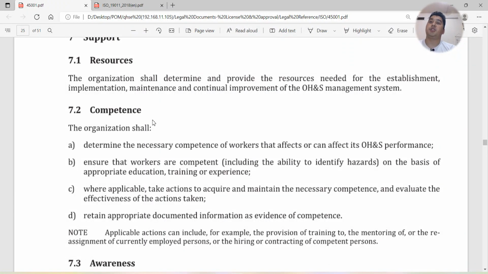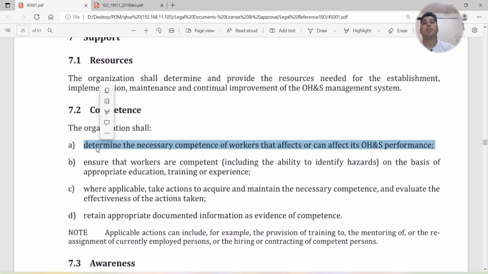So the organization shall determine the necessary competence of workers that affects or can affect its OHS performance. When you are hiring any staff for a particular kind of job, or that staff is going to work on particular machinery or equipment, you need to consider those things also, because workers can affect the work and can introduce risk. So you need to check the competency of the worker when you are hiring them.